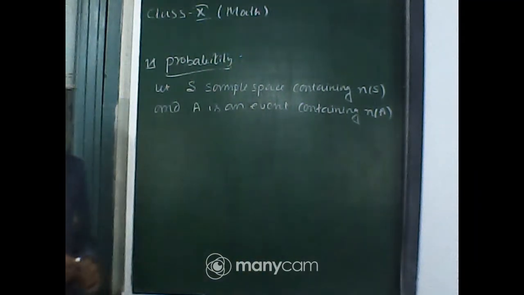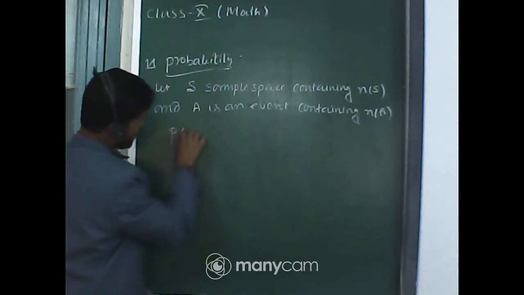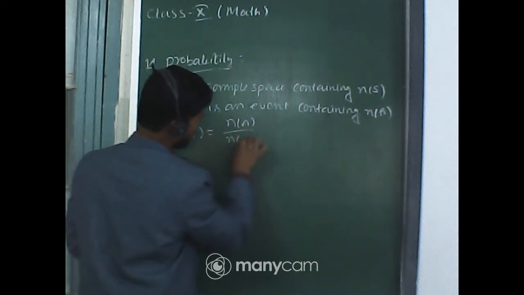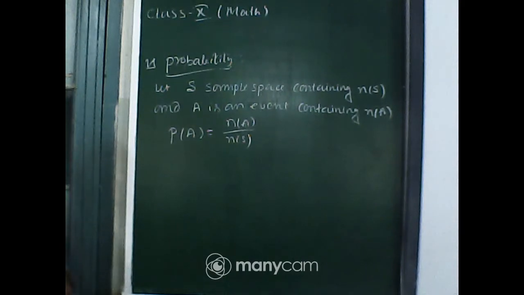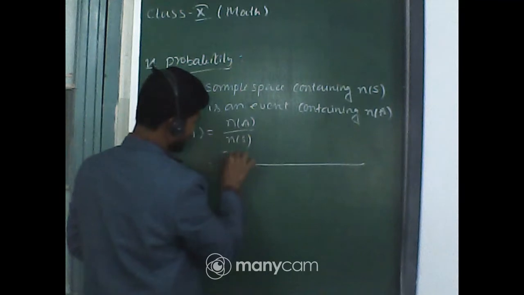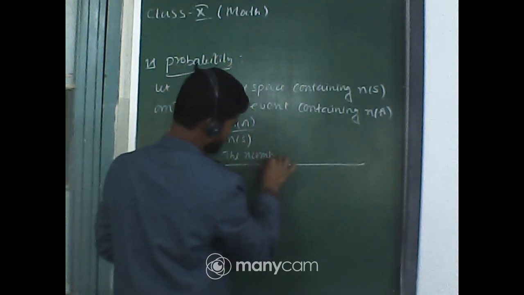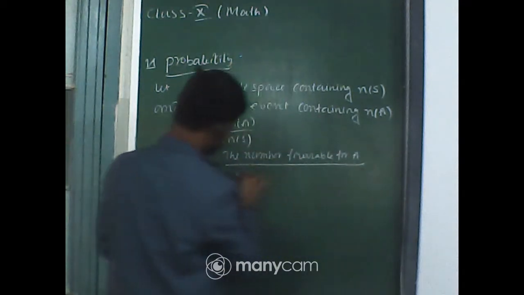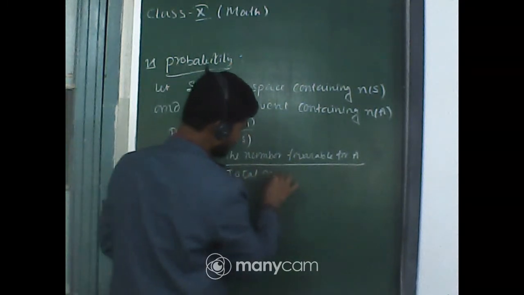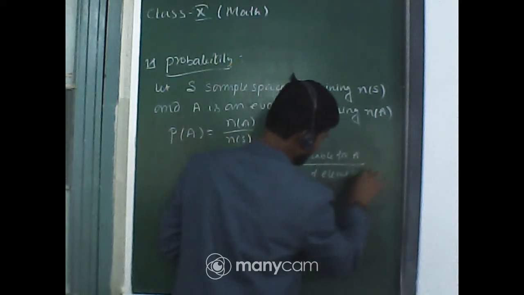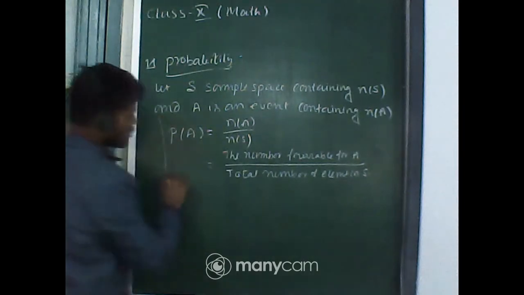Then from the classical definition of probability, the probability of A is n of A by n of S. Classical definition of probability says that the probability of A is equal to n of A by n of S. That means the number of favorable outcomes for A by the total number of elements in S. Okay, this is the definition of probability.